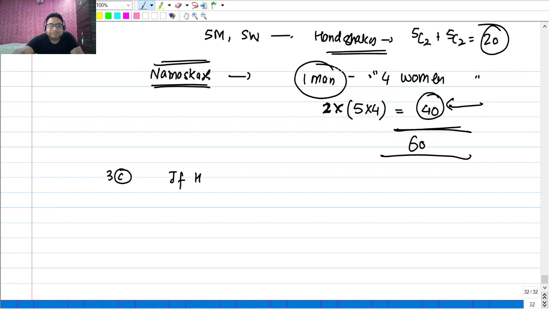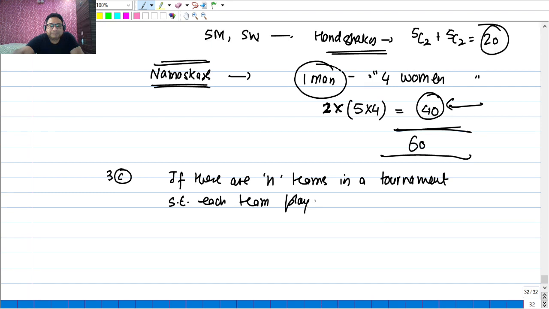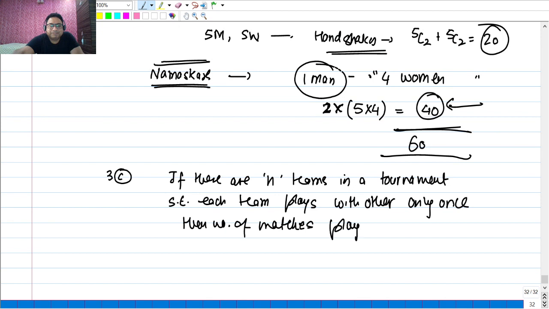Then 3B, 3C. If there are n teams in a tournament such that each team plays with the other only once, then the number of matches played is NC2.